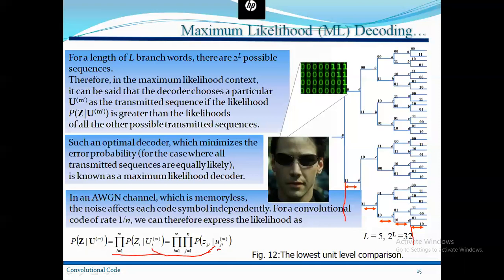So the branch word is of 2 bits, which corresponds to one message bit. So i is 1 and j is 2 for each branch word. We will find the product of all the probabilities of the n bits of the code word given the message bits. In the general scenario, the message bit is 1 and the coded bits are 2.